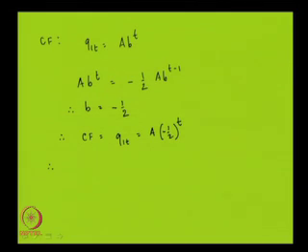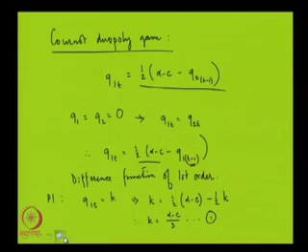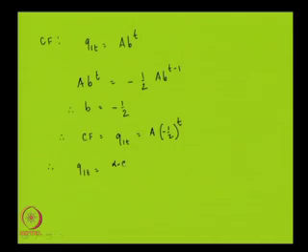So, the complete solution is equal to the particular integral, which is (alpha minus c) divided by 3, plus the complementary function, and we have the information that at t equal to 0, q1(t) is equal to 0.